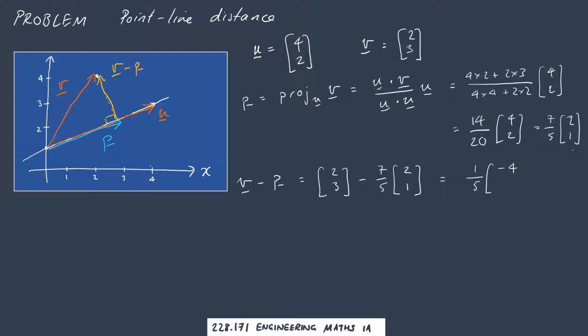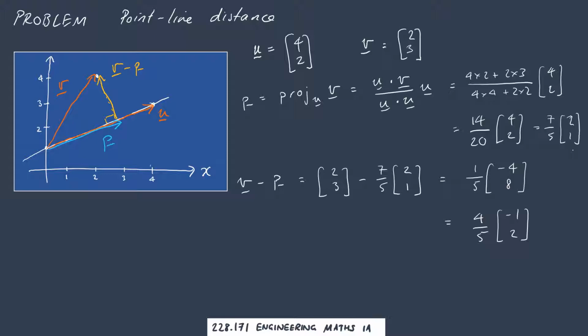And on the bottom we're going to have 15 fifths minus 7 fifths looks like 8 fifths. Okay, so that is our vector v minus p. And finally, we want the length. In fact, let's bring a common factor of 4 outside of this one as well. So 4 fifths times -1, 2.